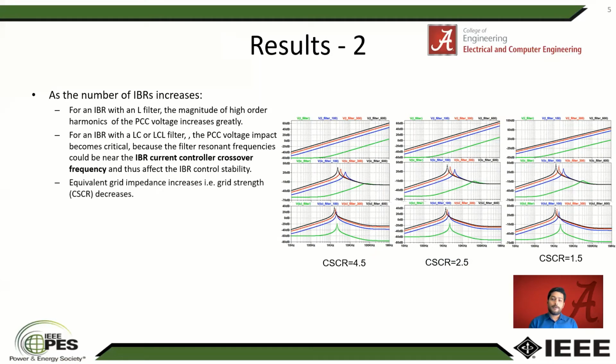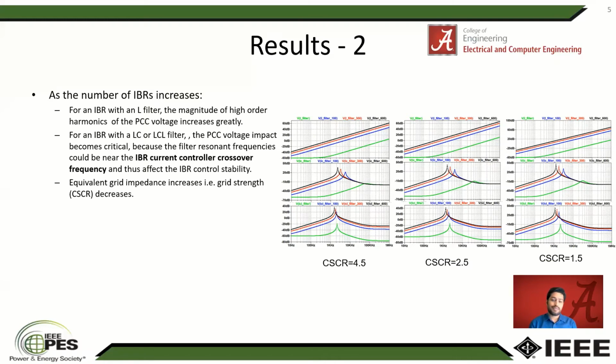Now, as we can see, with the increase of number of IBRs, the equivalent dynamic grid impedance changes. That means it actually increases. That means the grid strength, the short circuit ratio, decreases.